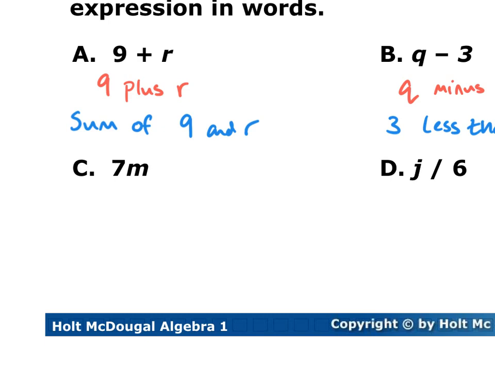All right. For letter C, 7 times M. Well, the first one I'm going to write is just 7 times M. Okay. Another one, kind of cheating from above, is I could say the product of 7 and M. Because product means the answer once you multiply two things.